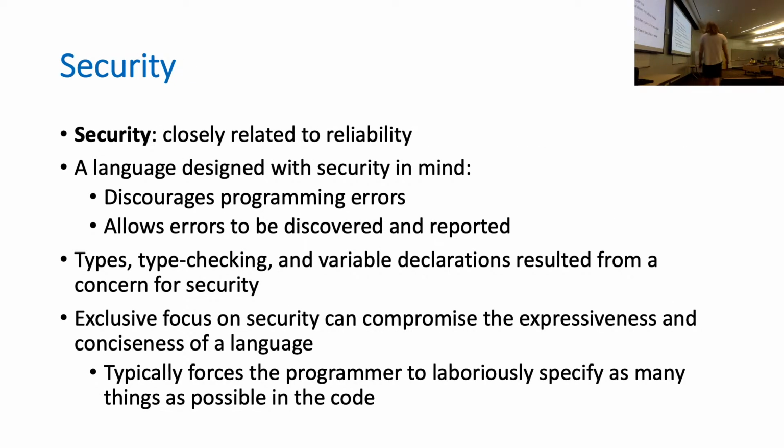So kind of speaking on this point, right? Because again, these criteria do overlap, kind of tease at each other. Another one I want to talk about is security, which is closely related to reliability. So a language designed with security in mind discourages programming errors and allows errors to be discovered and reported.